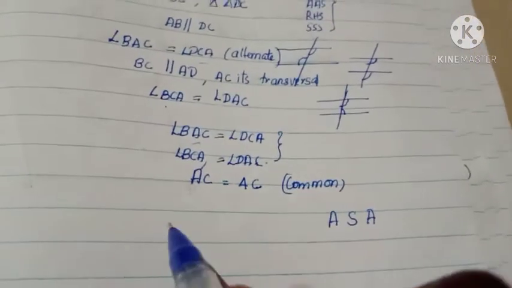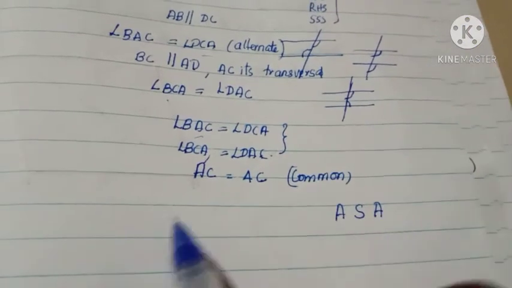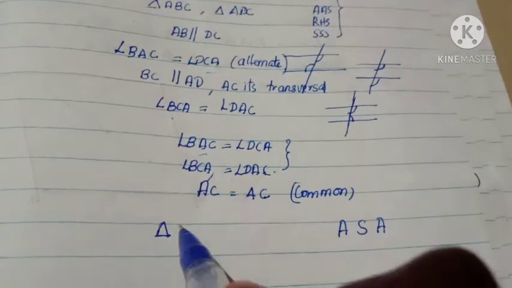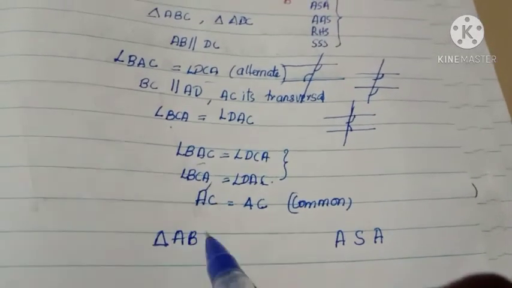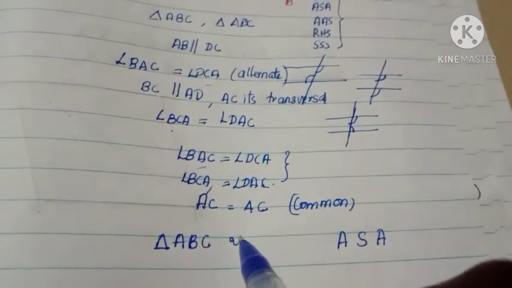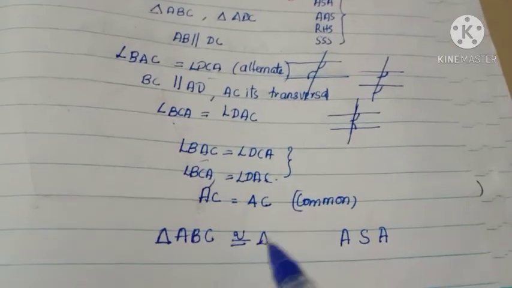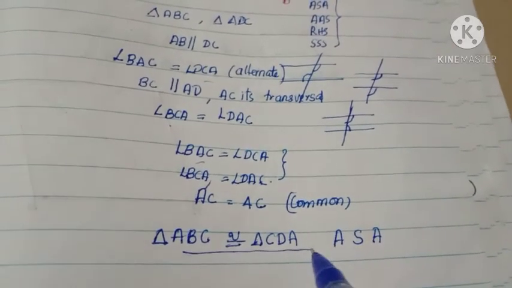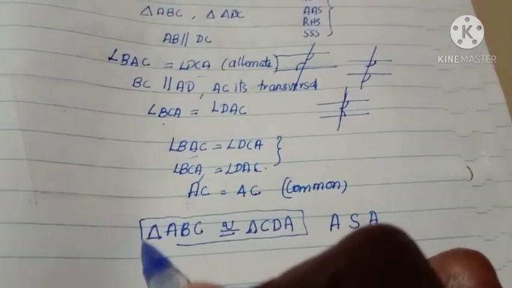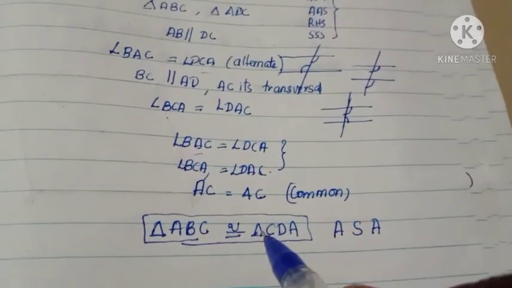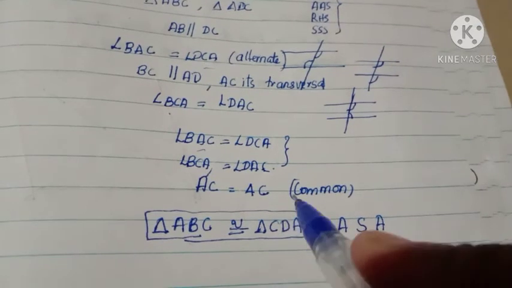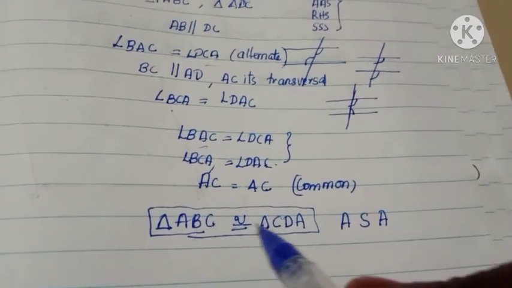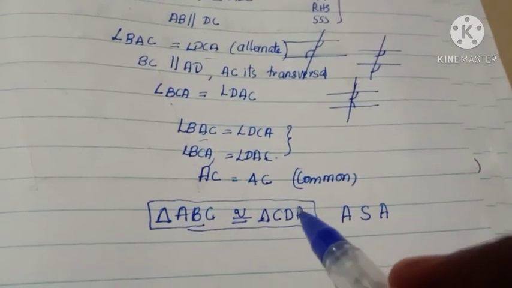So what is the congruence rule? ASA. So by the ASA congruence rule, we can say triangle ABC is congruent to triangle CDA. Listen, while naming the congruency of triangles, you should keep in mind that the ordering of the sides or angles is the same.